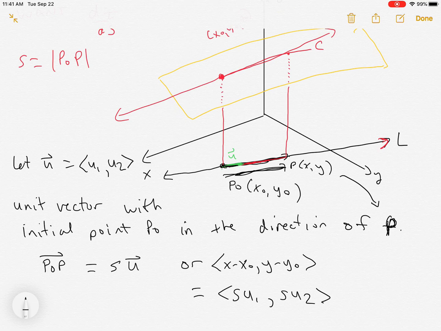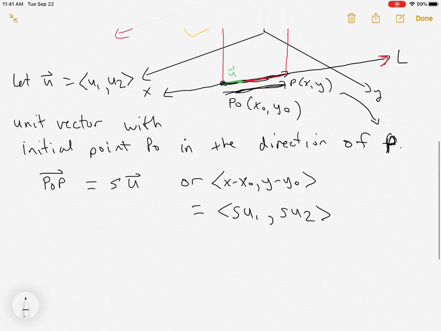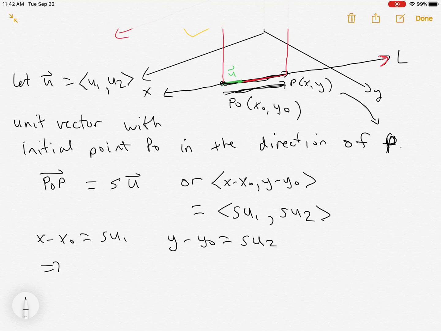If you take S times U, you multiply the components of U by S. So this gives us a system of two equations: X minus X naught equals SU1, and Y minus Y naught equals SU2. So this says that X equals X naught plus SU1, and Y equals Y naught plus SU2.